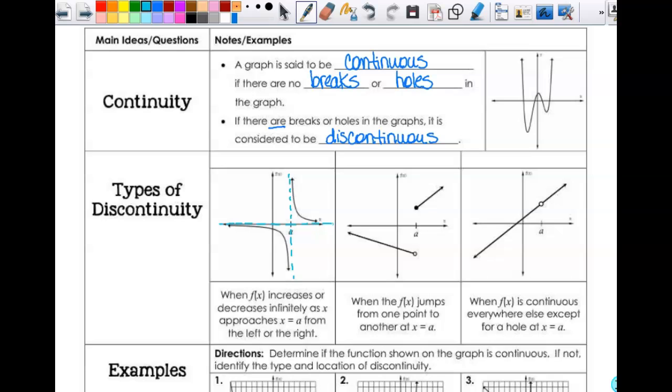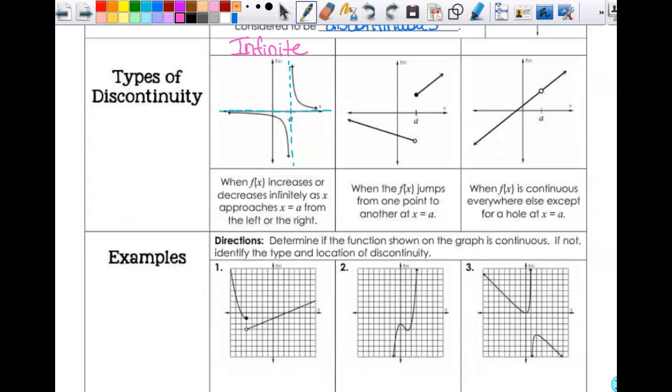The horizontal asymptote does not affect continuity, but the vertical one definitely does, because if I'm tracing this, I have to pick up my pencil to go to the next part, so that's discontinuous, right? So this is called infinite discontinuity, because those asymptotes are infinite.